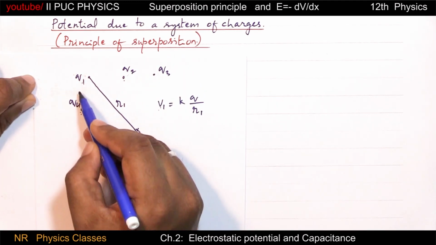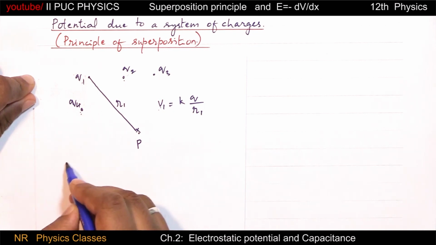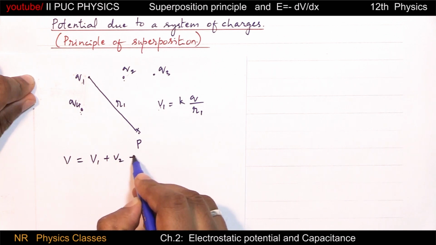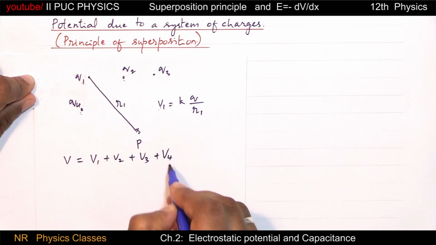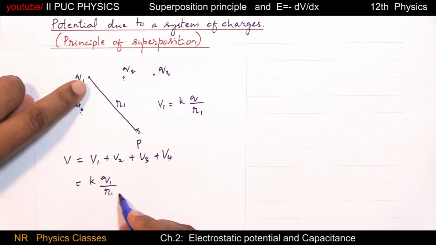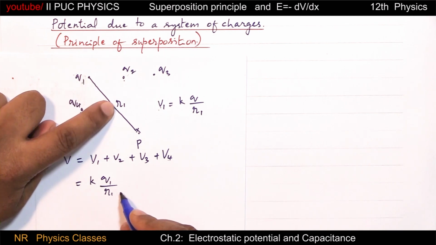Now, because of these four charges, what is the resultant potential? The resultant potential is V1 plus V2 plus V3 plus V4. Since potential is a scalar quantity, just the algebraic sum of these four gives the total potential. Potential V1 is constant Q1 by R1, charge Q1 divided by distance.